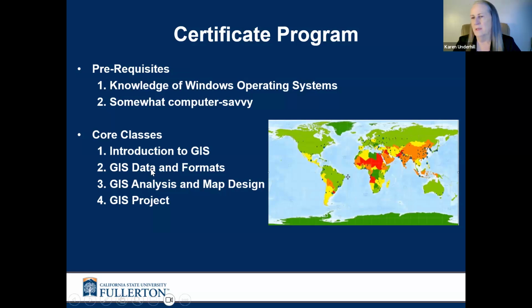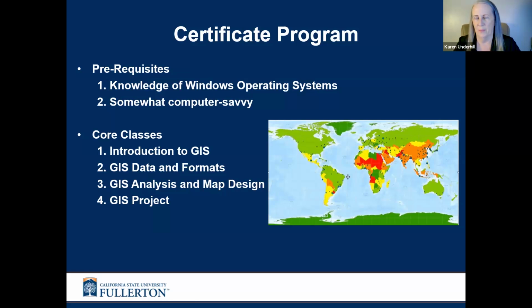The next class is the GIS Data and Formats class. That's an 8-week course, and with GIS, you have to have appropriate data to do analysis with and create maps. So we spend a lot of time on that, because you'll learn to create your own data, obtain data from various sources, convert data that you receive from other sources to appropriate formats that you can work with in GIS.